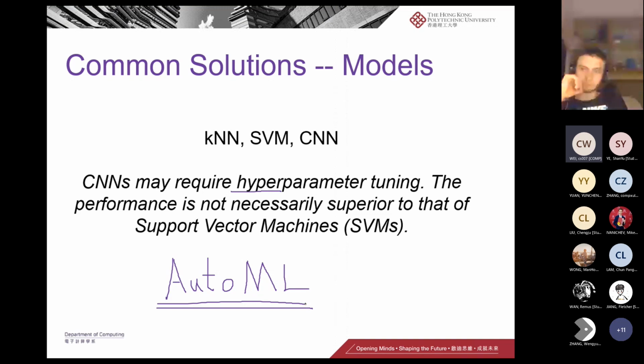So meaning in certain scenarios, its performance is not guaranteed to be better than the traditional models. In this specific task, we're actually comparing back to the SVM. SVM is a traditional model which can take a few samples to train.